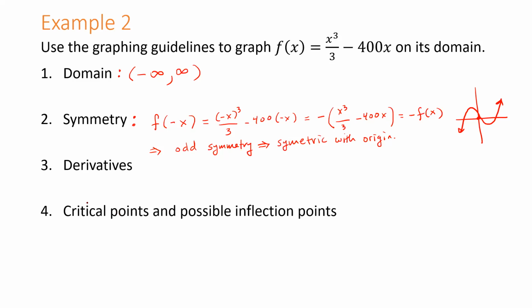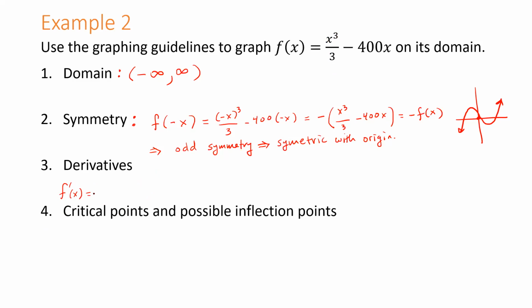Let's compute the derivatives here. So I'll give myself a little bit of space to squeeze in the derivatives. It's nice because it's a polynomial, so the derivatives will be pretty straightforward. For the first derivative, we take x cubed, so we get 3x squared over 3.